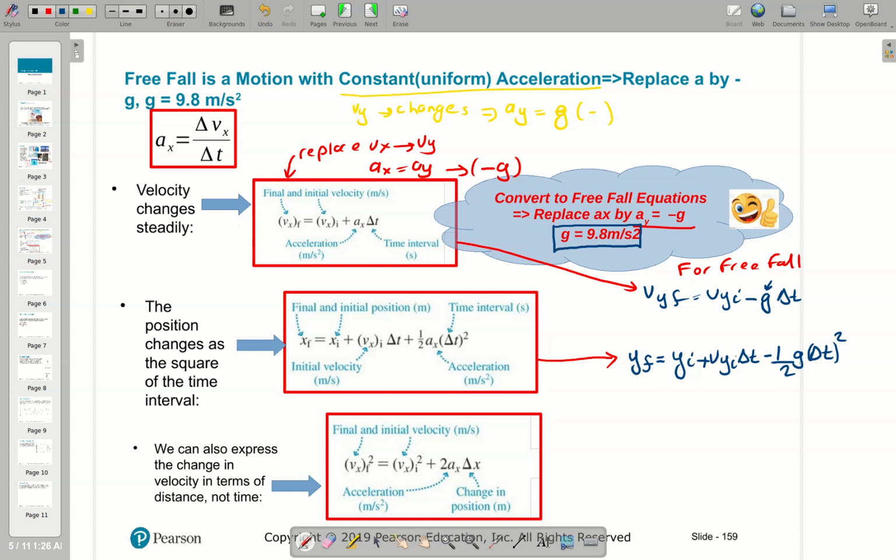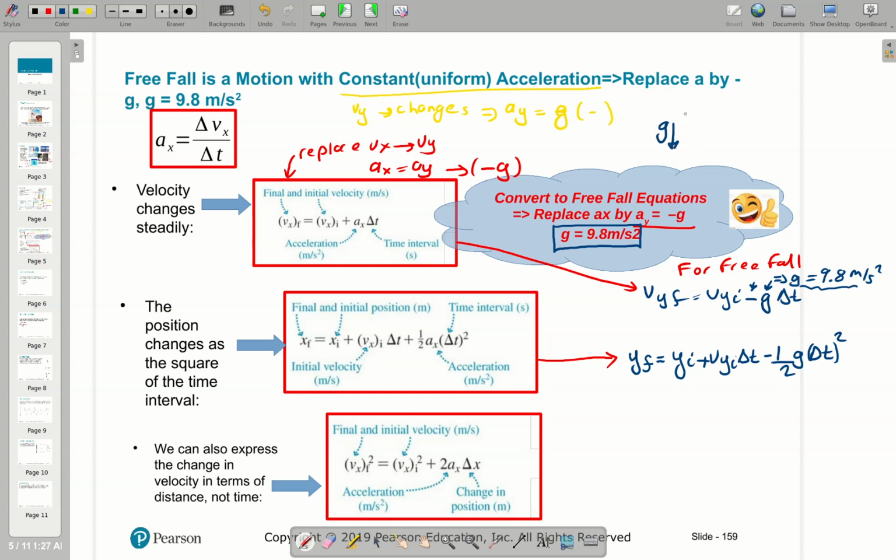We'll put it as minus g, and g is equal to 9.8 meters per second squared. So we should include this negativity once, and we are taking the magnitude of g to be 9.8. Include negativity here once, showing that g is downward, always downward, right? So it's negative.